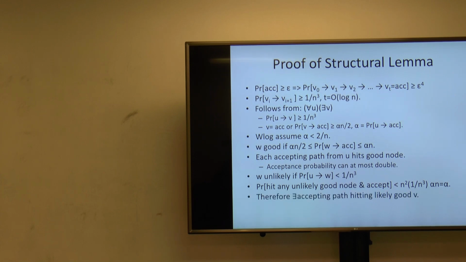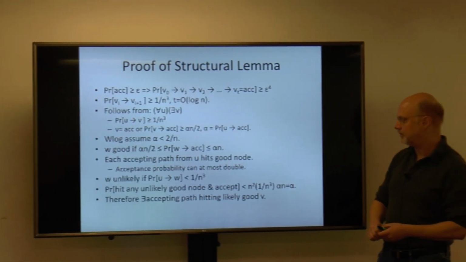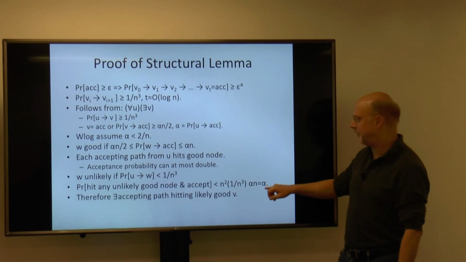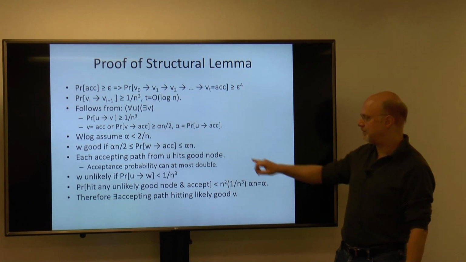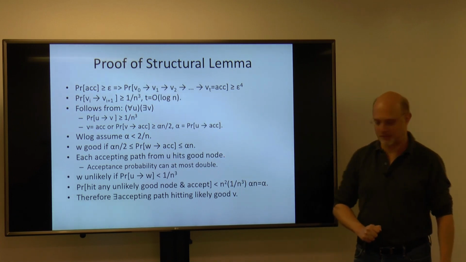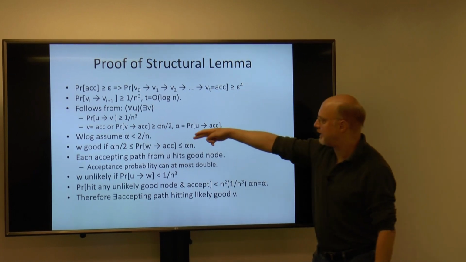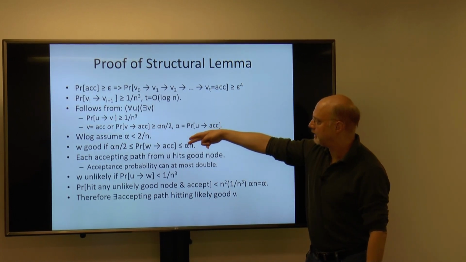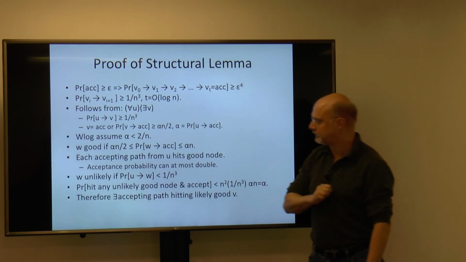Okay, well now we're basically done, because therefore there exists an accepting path hitting a likely good node. We said the probability of accepting is alpha. Every accepting path passes through a good node. So what was this? Why did you multiply by alpha n? So the probability. Right, that's the upper bound here. So it's among the good.